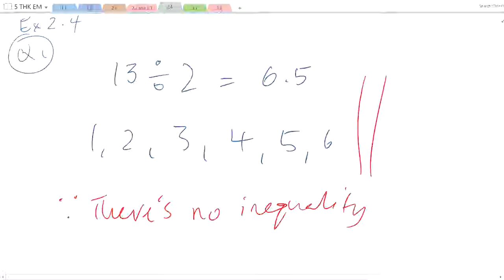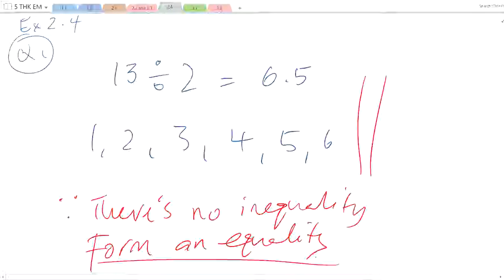Now, when you see this question in O levels, of all the topics that you have learned in Sec 1 to Sec 5, which topic are they testing you on? Obviously, inequalities. They are specifically testing whether you can form an inequality. If you can, congratulations, and they see that you can do it.